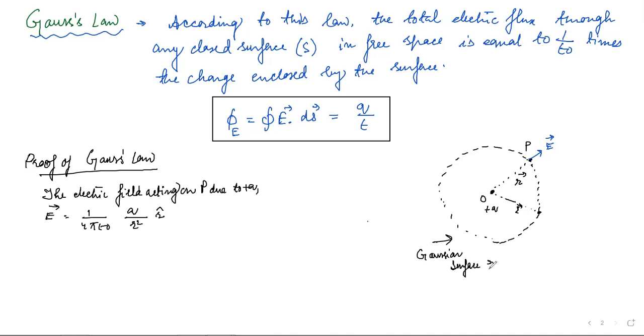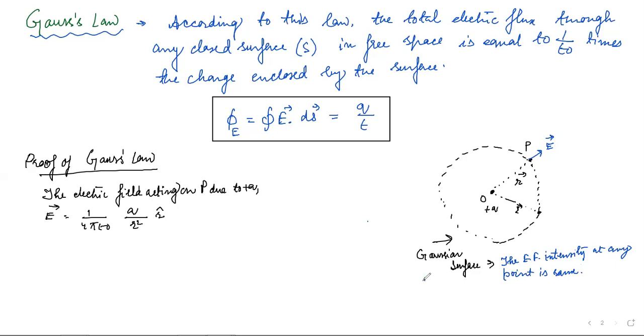What is a Gaussian surface? A Gaussian surface is where the electric field intensity at any point is the same.